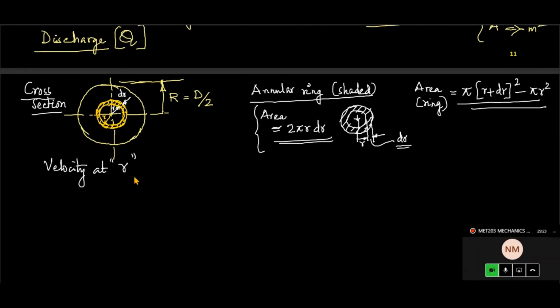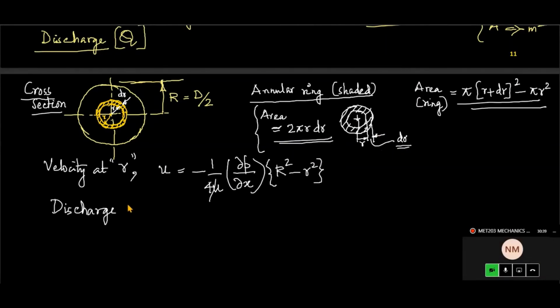The velocity at r is given by u equal to minus 1 by 4 mu dou p by dou x into capital R square minus small r square. We already derived this. It is the generalized expression for velocity in viscous flow through a pipe at a radius small r. The velocity is this at radius r, and the area of the ring is 2 pi r dr.